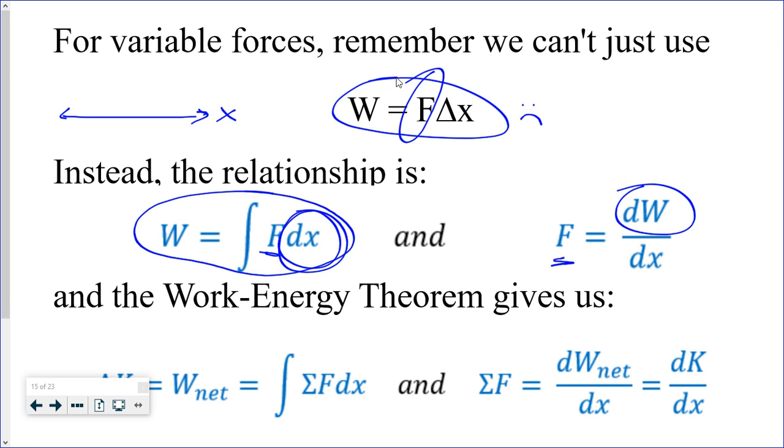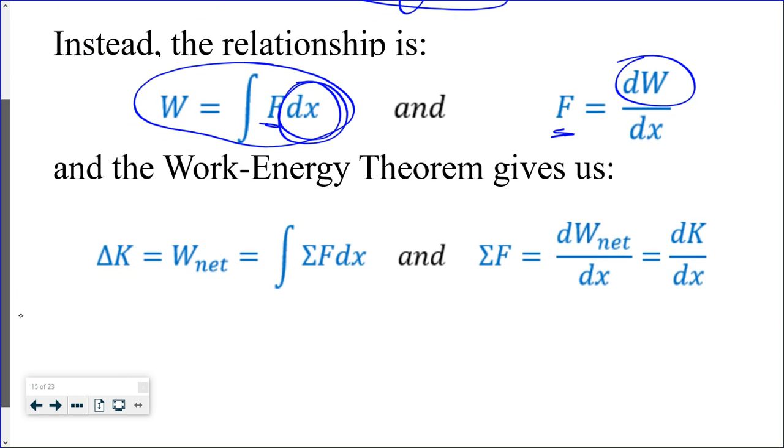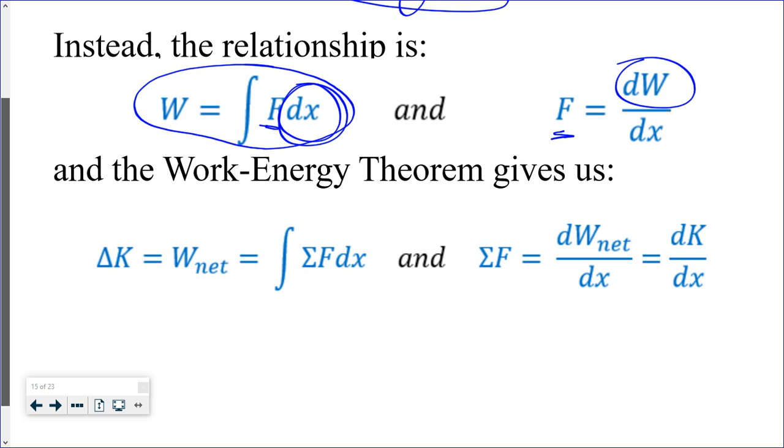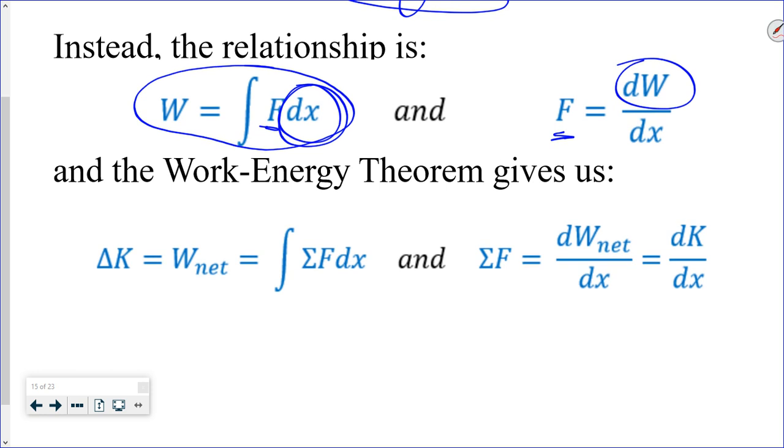Now, let's see if we can tie this in with the work energy theorem that we were working on earlier this chapter. What we learned is that the change in kinetic energy is caused by the net work done by a net force, right? So to calculate the net work, we can integrate the net force.